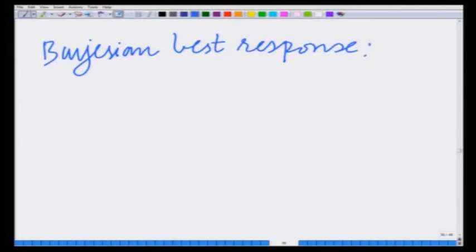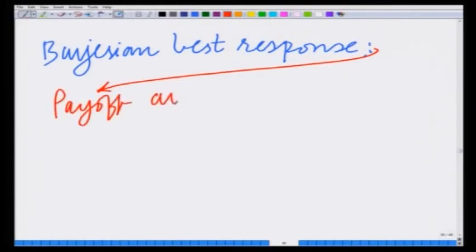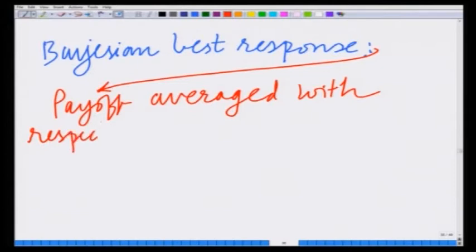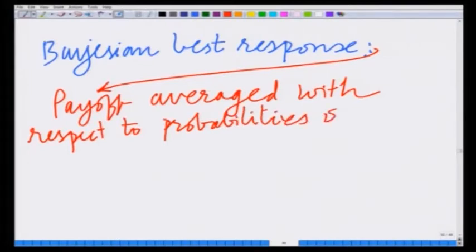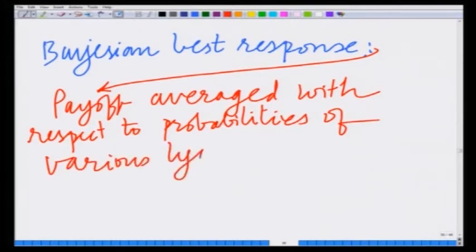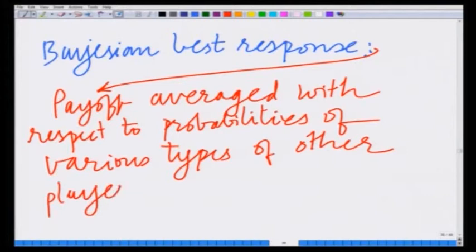That is the payoff averaged with respect to the probabilities of various types of other players.